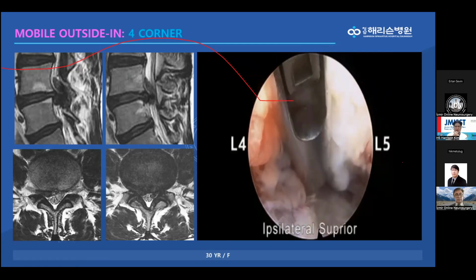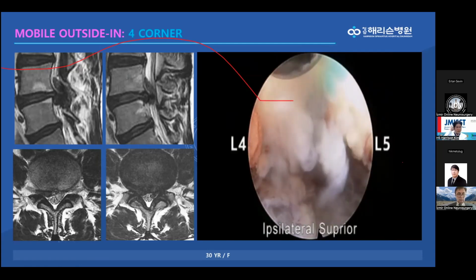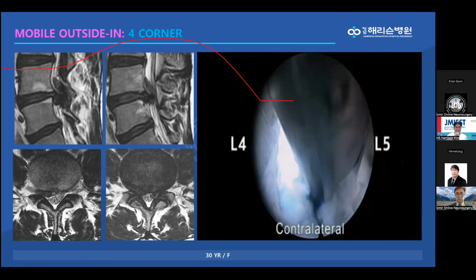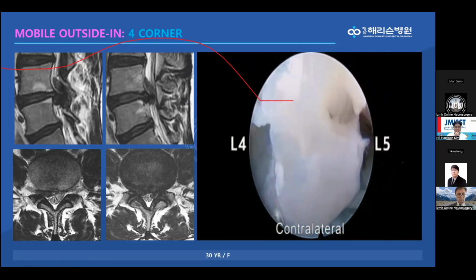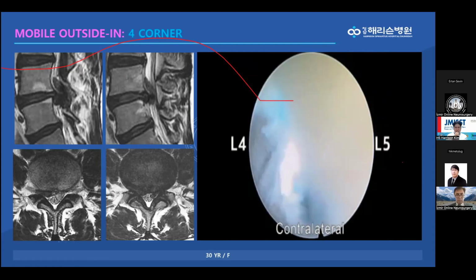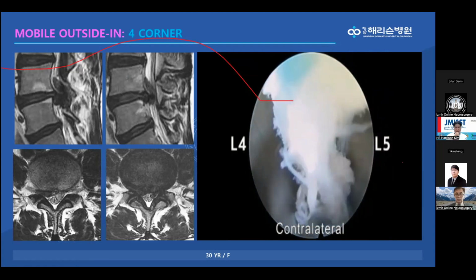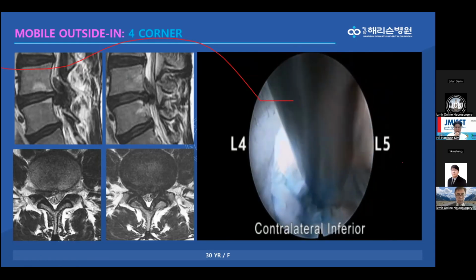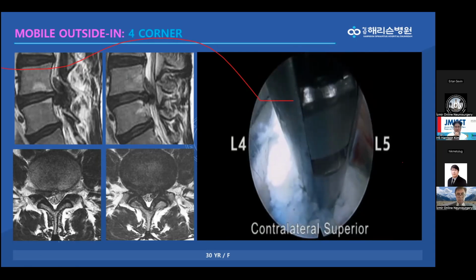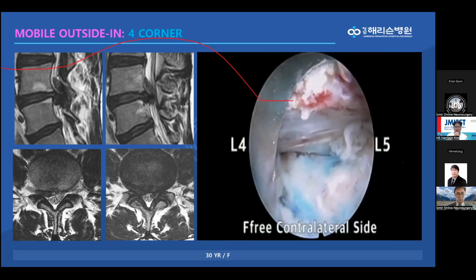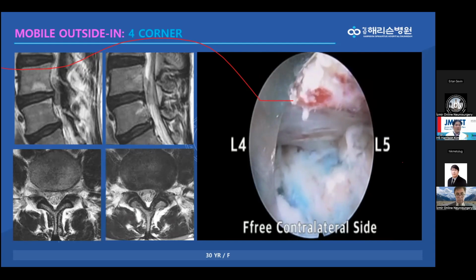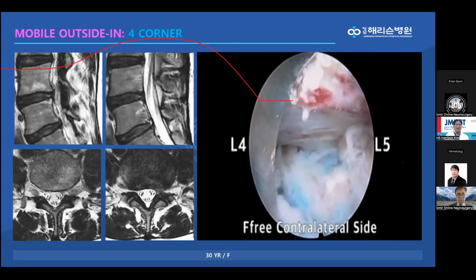Firstly, remove the ipsilateral inferior. Now remove the ipsilateral superior, then go to the contralateral inferior and contralateral superior, checking all points. Then you can see all areas freed. After the operation, you can see the whole disc removed completely.